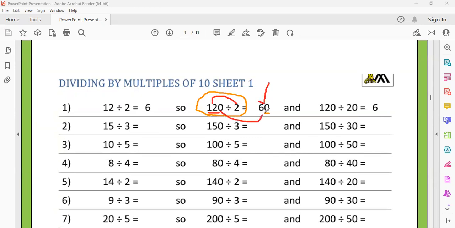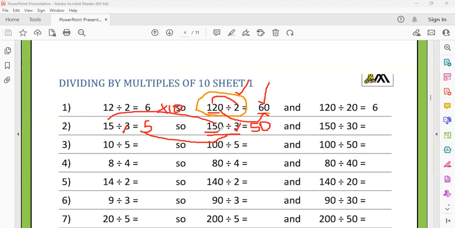I just put my 0 at the back. Do you understand? Try solving it this way: 150 divided by 3. Of course, 15 divided by 3 is 5. 150 is a multiple of 15, it's times 10. Can you see? So your answer, provided the divisor 3 remains the same, also gets multiplied by 10. That's why you have 50.